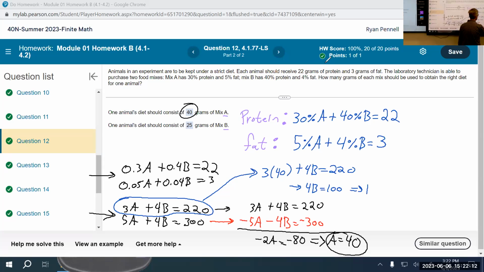And so B equals 5. It must be the case. Questions about that?